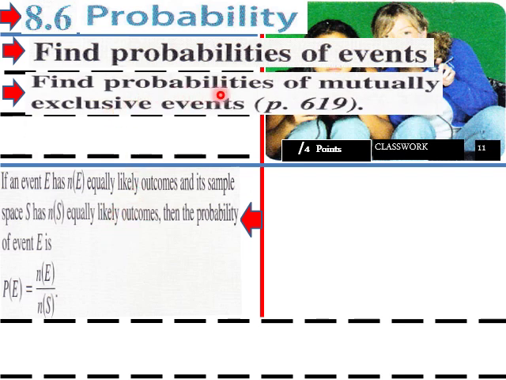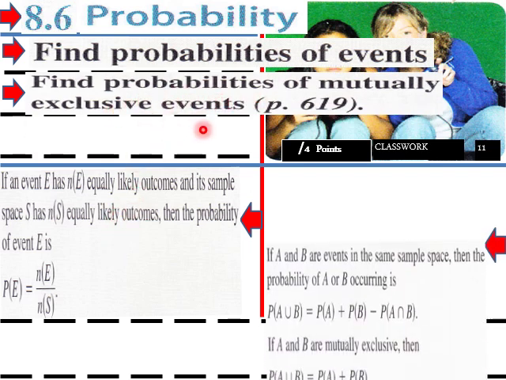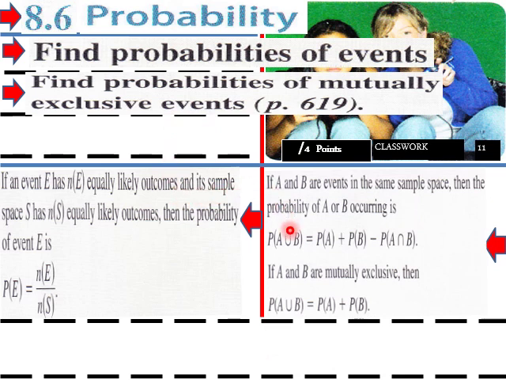And then find probabilities of mutually exclusive events. So for mutual exclusivity, this would be your formula here. The probability of A union B would be the probability of A plus the probability of B minus the probability of A intersecting B. If A and B are mutually exclusive, then this would be your final formula here.